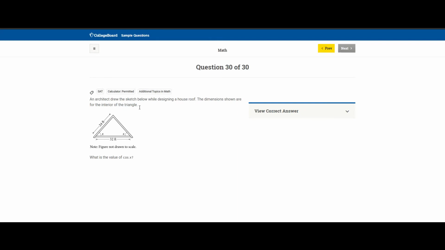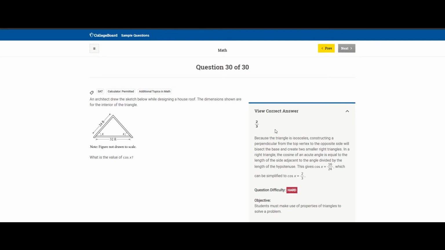Or, if you simplify it, you should end up getting 3 over 4. I believe that should be your answer. 2 over 3. Oh, I see. I totally didn't notice that. That would make more sense.